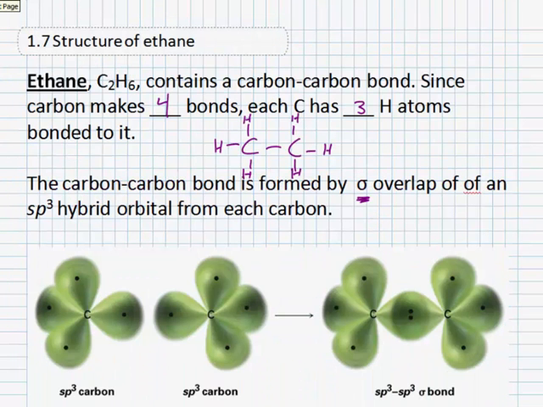So in ethane, there's a sigma bond in between the carbon-carbon, and also sigma bonds for all the carbon-hydrogens.